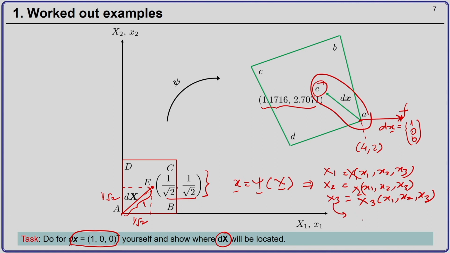For example, the last one will be X3 equal to small x3. That is very easy. The other two you can do yourself. There are two equations in two unknowns, you can solve and get X1, X2 in terms of the spatial coordinates small x1, x2, and then you can substitute the coordinates of F here and get the coordinate of F. It will come out somewhere here. So, this is the task that I leave to you.